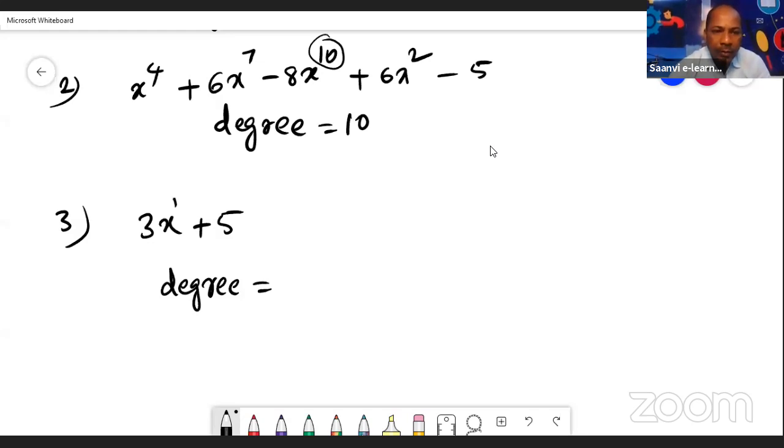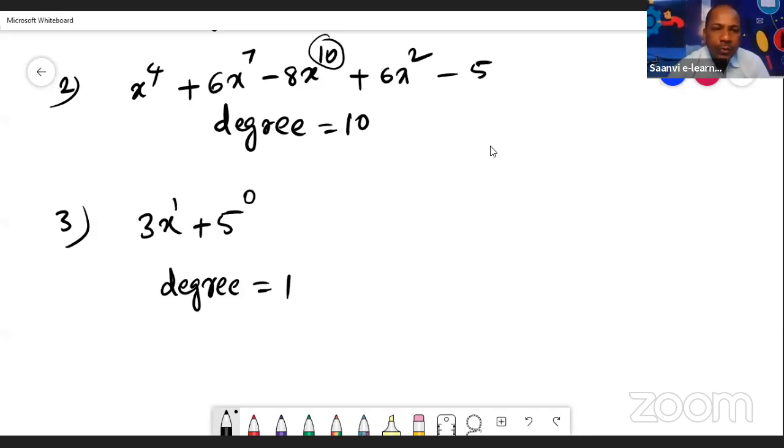If there is no power for the given variable, we imagine x power 1. And here 5 is the constant number. The power of any constant number is always 0. Now what is the highest power? 1 is the highest power. So the degree of this expression is 1.